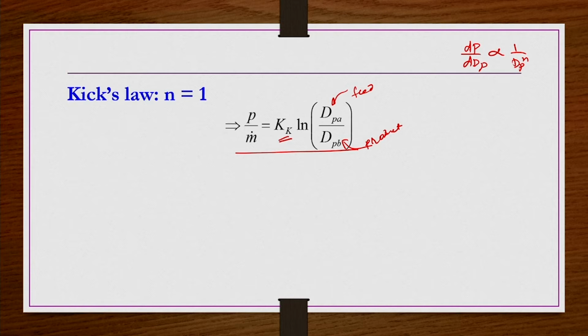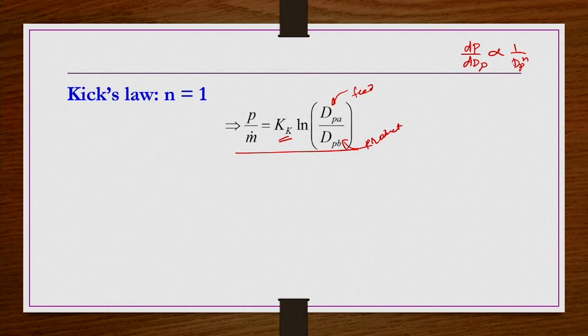Let us say dPA is 100, dPB is 50, so 100 by 50 is 2. So, whatever the power required for reducing the feed size from 100 mm to get product 50 mm, that is going to be the same for the feed 50 mm and getting product 25 mm, because 50 by 25 is again 2.